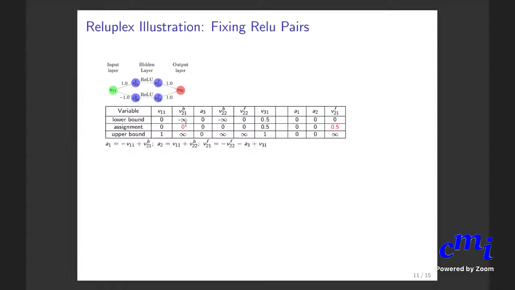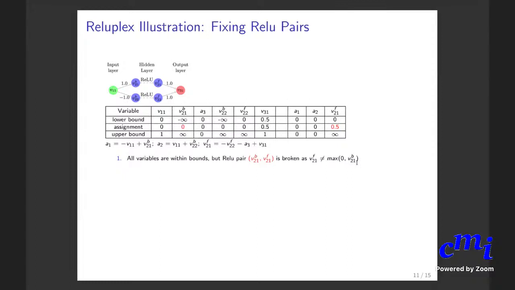Because that's a local check with respect to the solution that you got from the previous LP instance. So here all variables are within bounds, but the ReLU pair is broken because V21F is not equal to max of 0 and V21B.